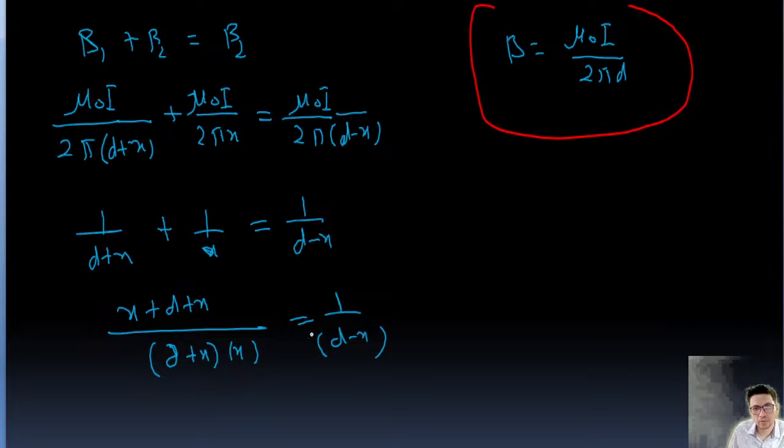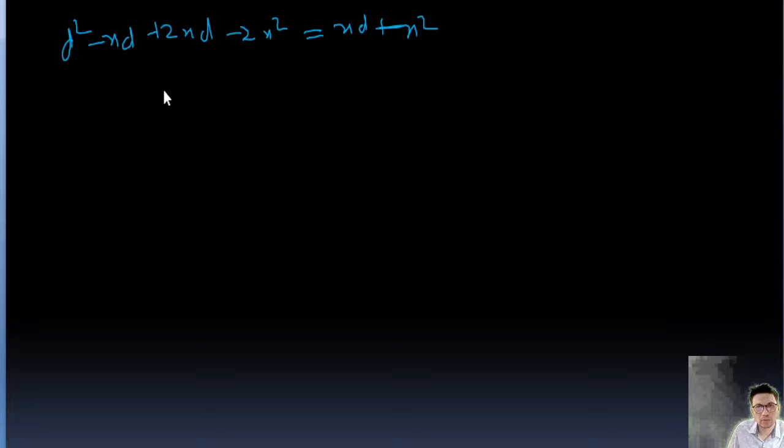The xd terms cancel, so d square equals 3x square.